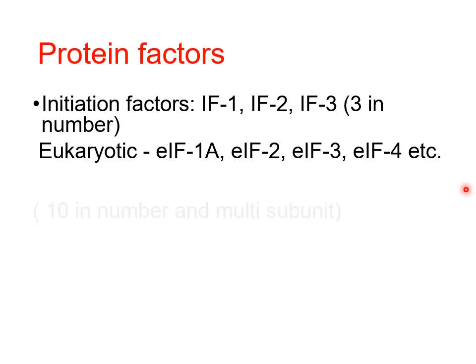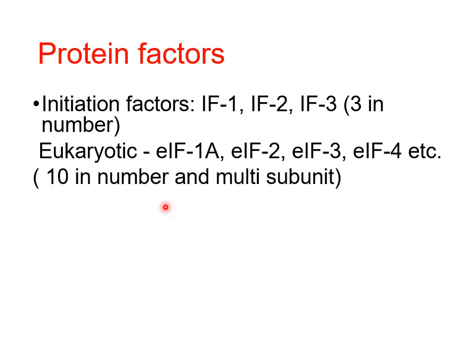Whereas in eukaryotes, at least 10 initiation factors have been discovered so far, and many of these are multi-subunit proteins, having from 3 to 8 subunits, and a prefix E is given. E here stands for eukaryotic. So all the eukaryotic initiation factors are written as eIF, eIF2, 3, 4, and so on. There are at least 10 eukaryotic initiation factors, whereas in prokaryotes there are only 3, which are written as IF1, 2, and 3 respectively.